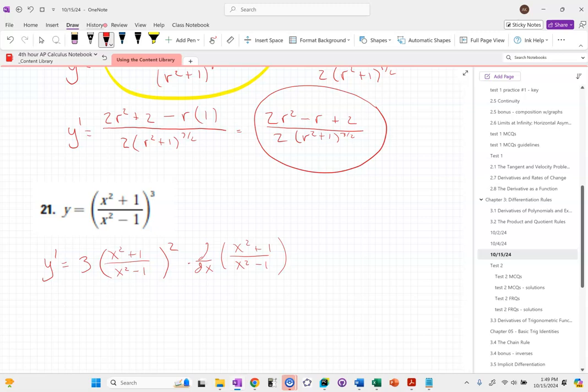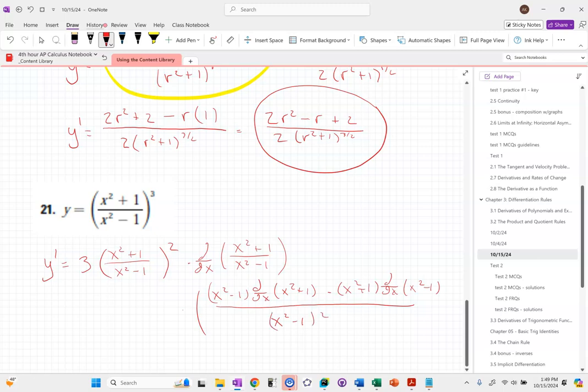Now, what do I need to do the derivative of x squared plus 1 over x squared minus 1? Quotient rule. So I'll have the bottom times the derivative of the top, minus the top times the derivative of the bottom, all over the bottom squared.